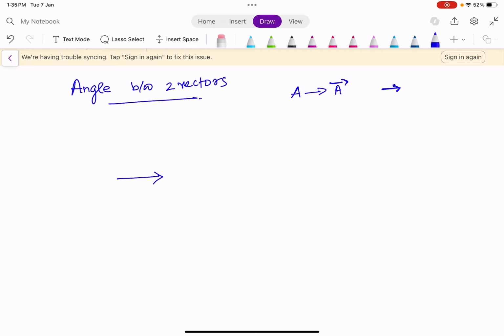So what is the angle between two vectors? Suppose A is a vector and B is a vector. What is the angle between the two vectors? Is this the angle between two vectors, or is this the angle between two vectors?